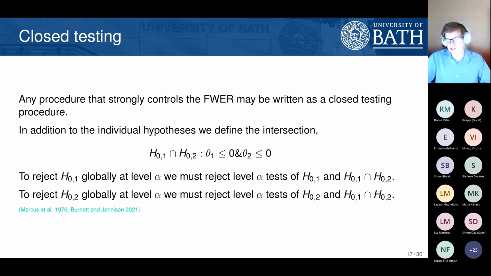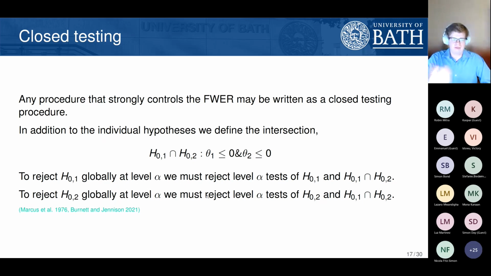Worth noting, we can still do everything that we claimed we could do in the case of a single experimental treatment. So any procedure that controls the family-wise error rate can be written as a closed testing procedure. And within the closed testing procedure, essentially what we can do is apply a combination test within each relevant hypothesis for the test. And this will give us control of the family-wise error at level alpha by following these global rejection rules.